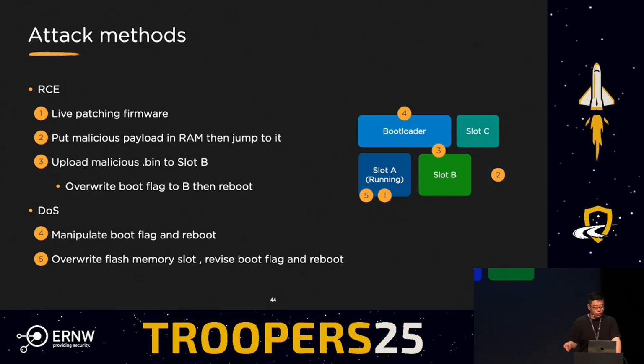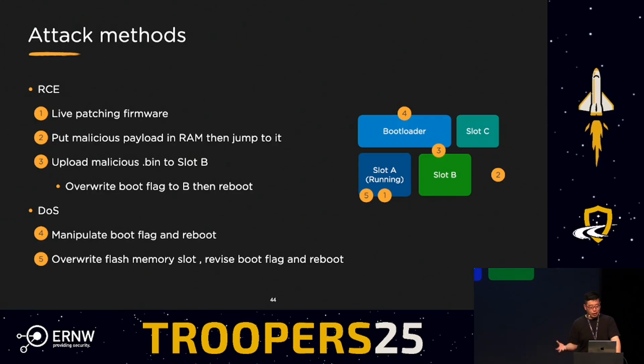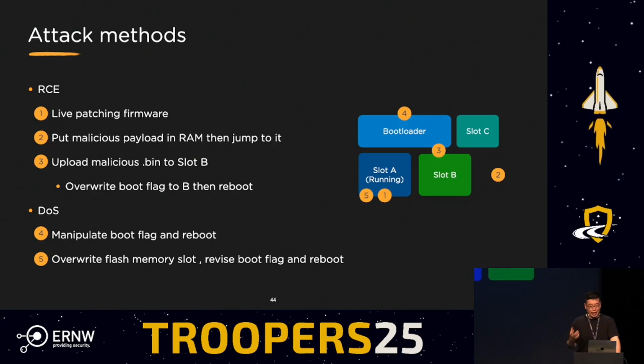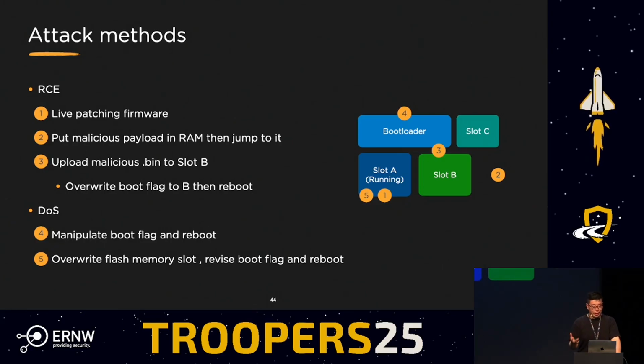And the third way is you can just upload a malicious binary file to slot B as a firmware update, and then rewrite the boot flag and switch the boot loading process to slot B. That way you also execute my code.